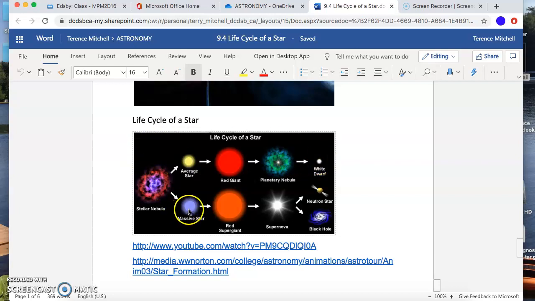Where much bigger stars, you can see here they're blue in color, will become a red supergiant, and eventually go supernova. The smaller ones, after going supernova, will become a neutron star, where the big ones after going supernova will become a black hole.